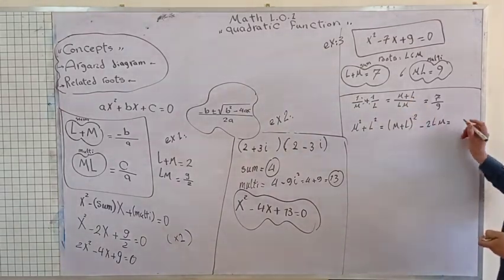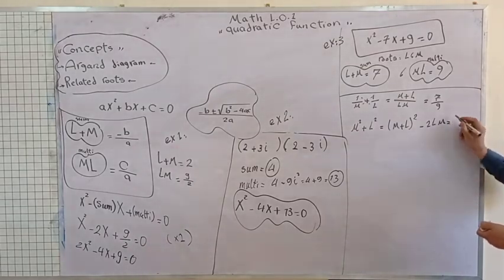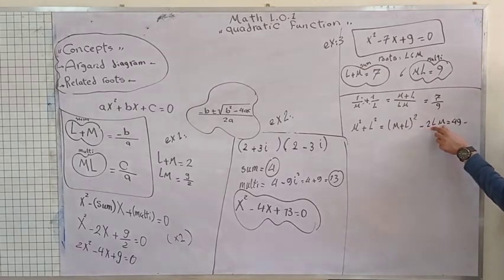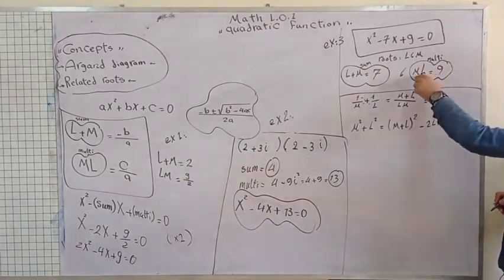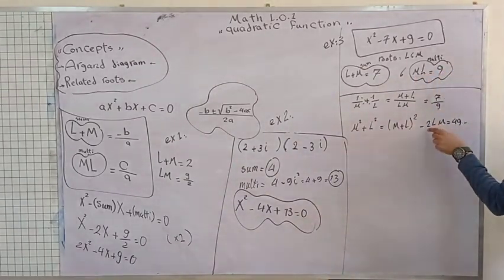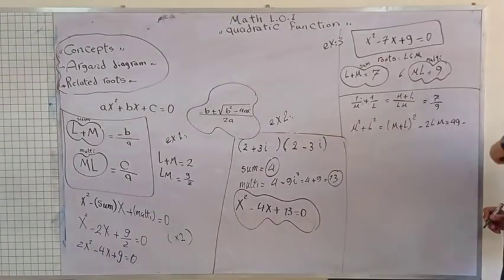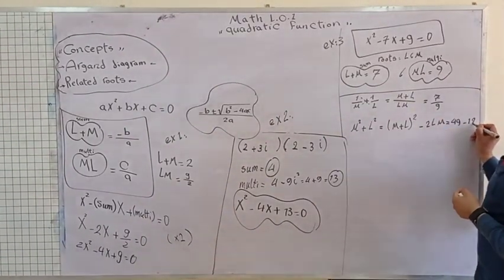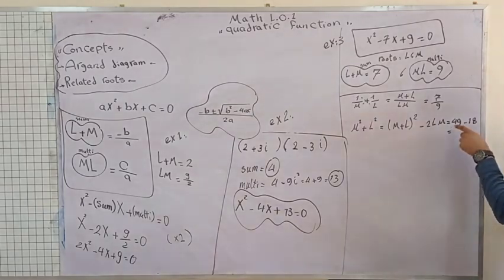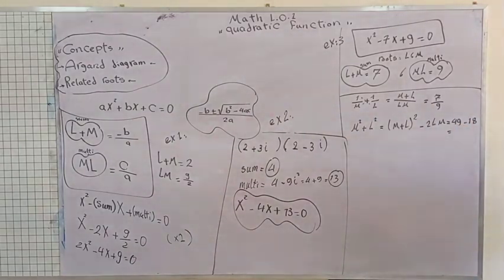Then 7 square equals 49, minus 2LM. We know that LM equals 9. Then 2LM equals 2 times 9 equals 18. Then 49 minus 18 equals 31.